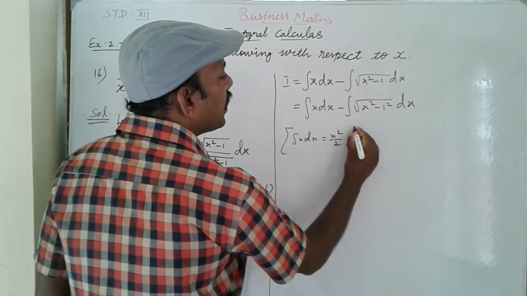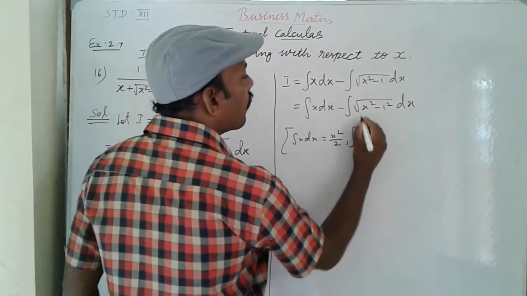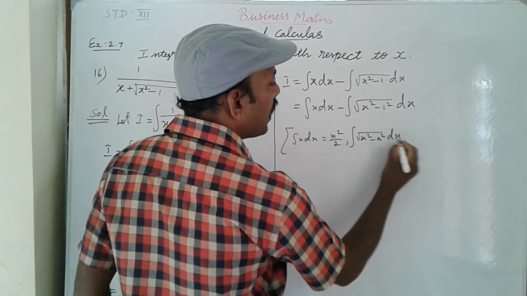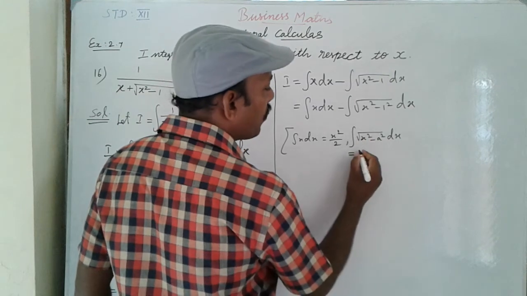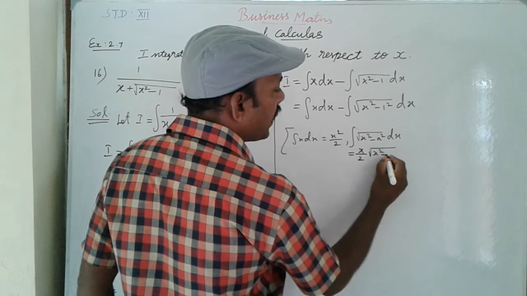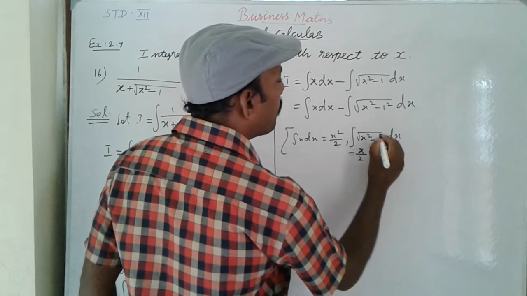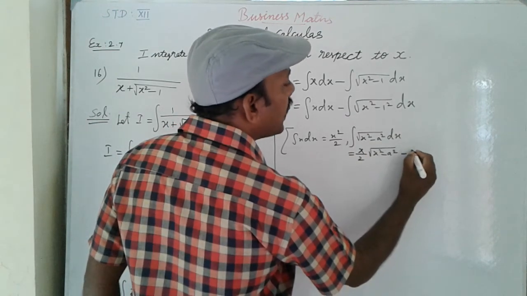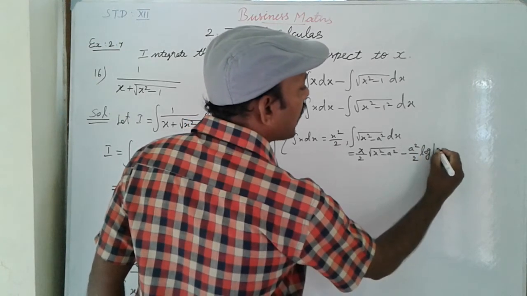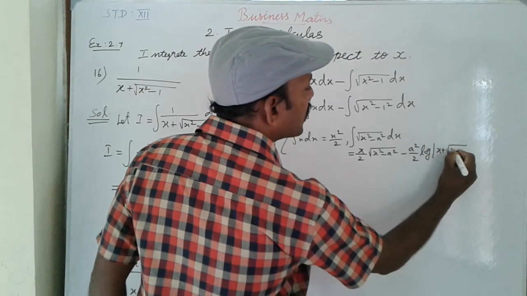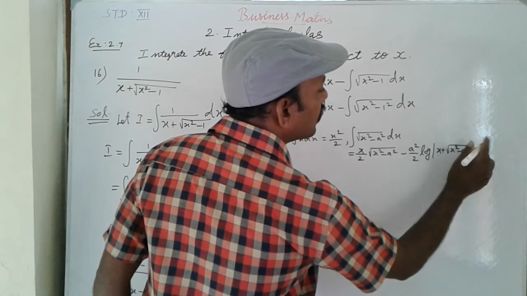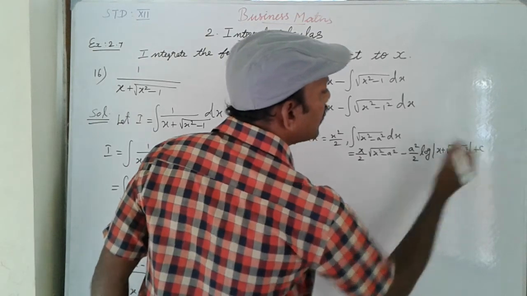Another formula, integral root of x square minus a square into dx equal to x divided by 2 root of x square minus a square minus a square divided by 2 log modulus x plus root of x square minus a square plus c is the formula.